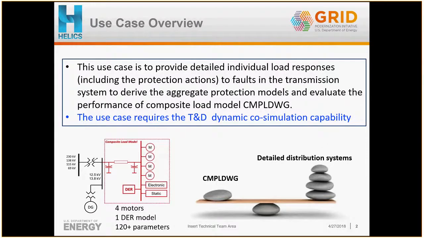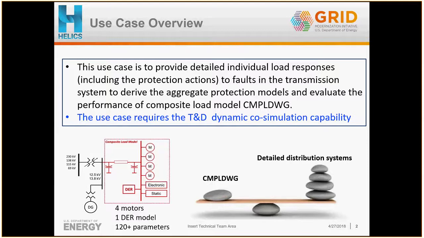So, a brief overview about this use case. What we are trying to do here is to provide a detailed individual load response, including the protection actions in the distribution side at the feeder level, to the force in the transmission system, in order to derive the aggregate protection models and evaluate the performance of the composite load model. For example, what you see here, the CMP-80WG, which is the default composite load model used in the Western Interconnection of the United States, as well as by many utilities in the Eastern Interconnection.